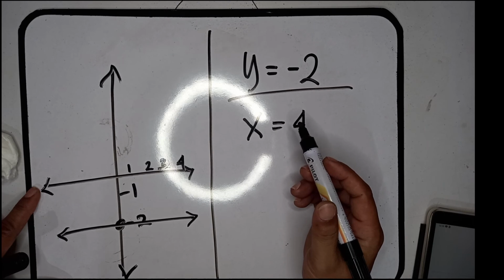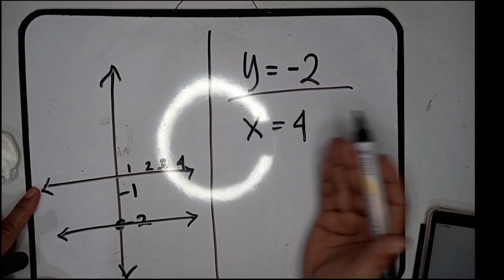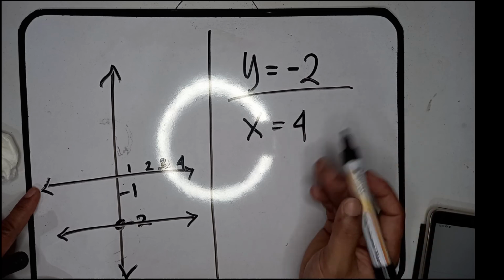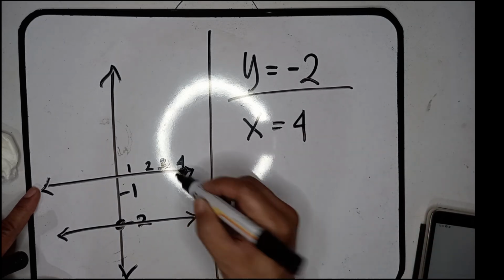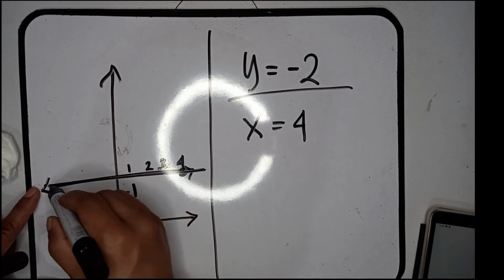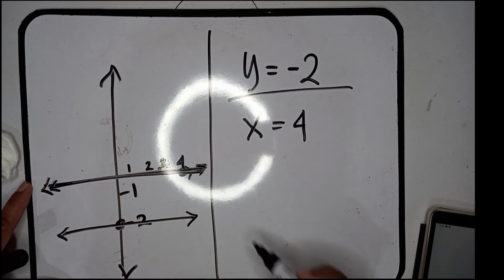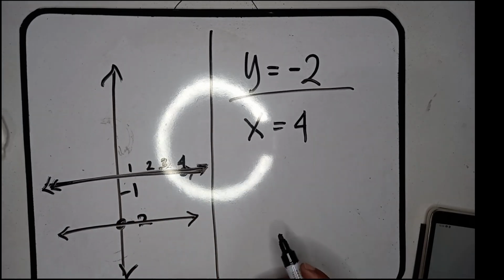We're not interested in the value of y because what we are given is the value of x. So it means that the point is around here and the line goes along with the x-axis.